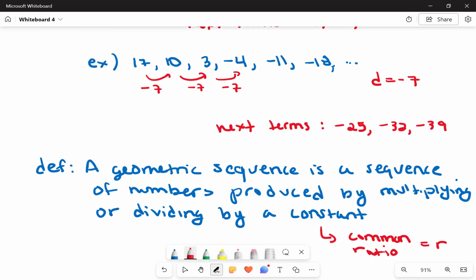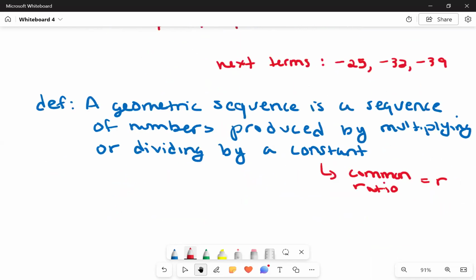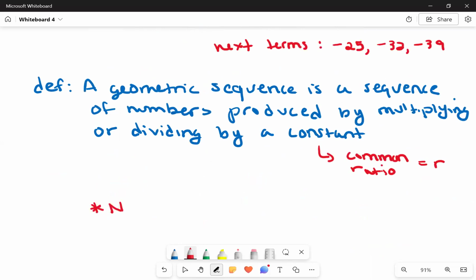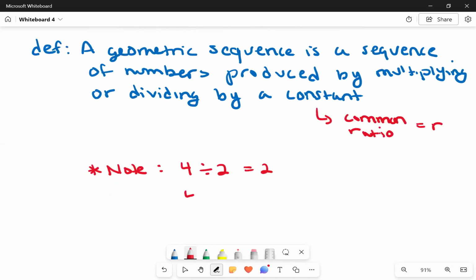Now, I want to make a note here because I think it's important. If you talk about dividing a number by 2, like let's say I divide 4 by 2, okay? Another way of thinking of that is multiplying 4 by 1/2. They both end up giving me 2.